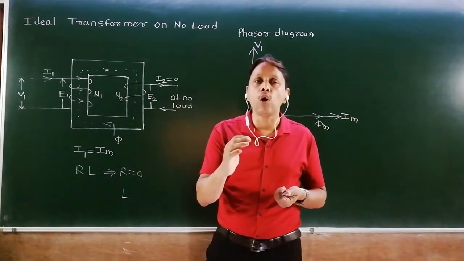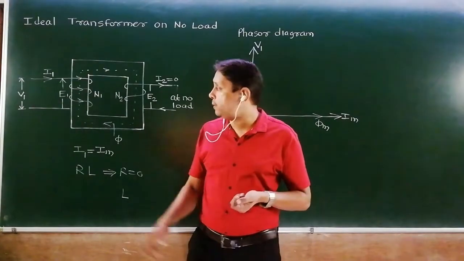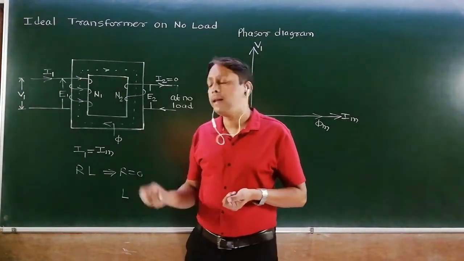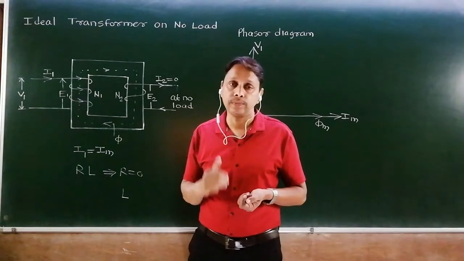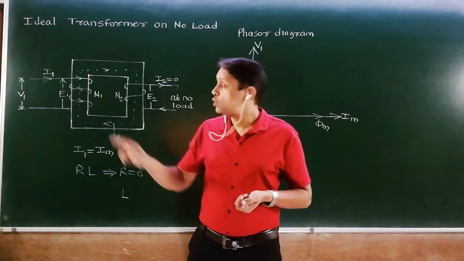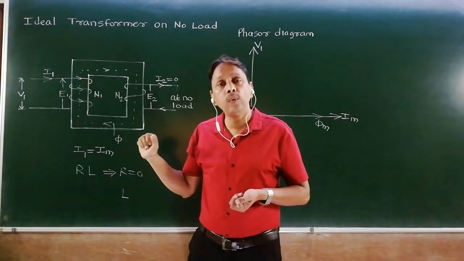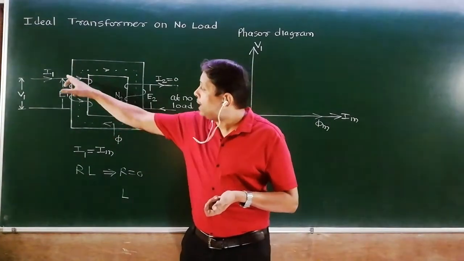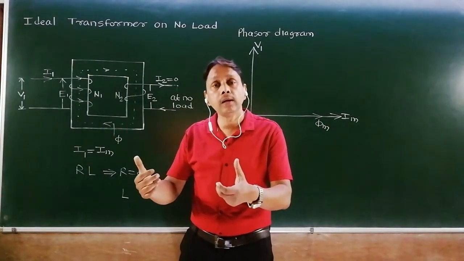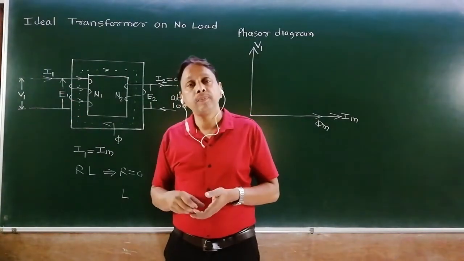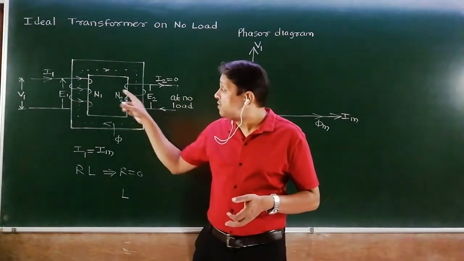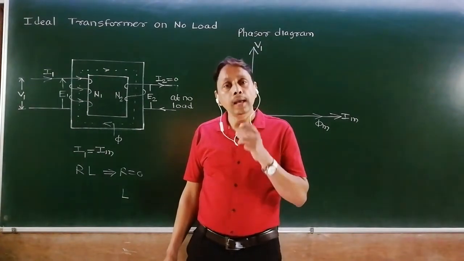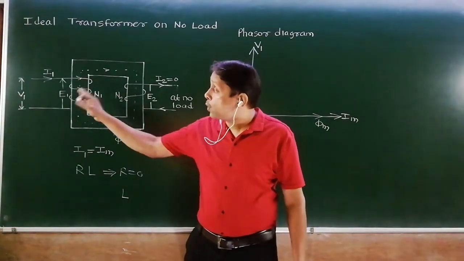As per Faraday's law of electromagnetic induction, EMF E1 is induced in the primary and E2 in the secondary by mutual induction. They are induced because of the flux, which is because of the alternating current, because the supply is AC.